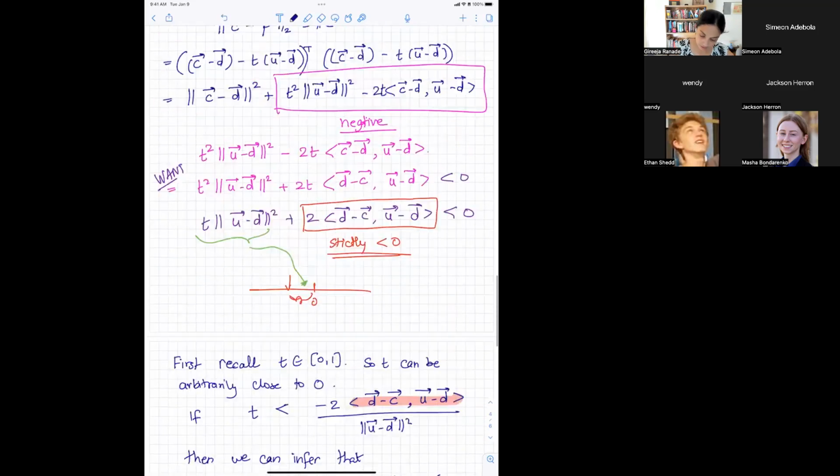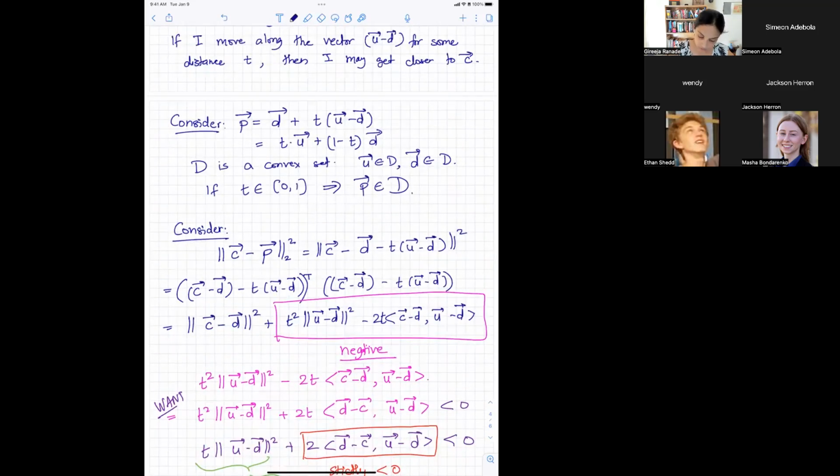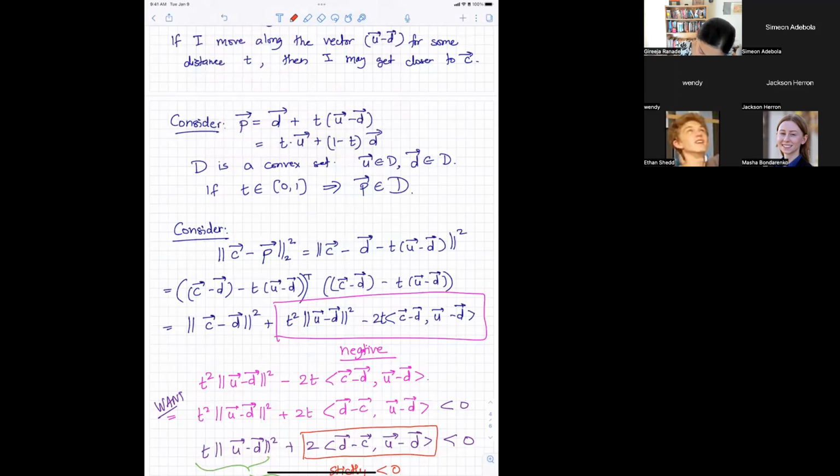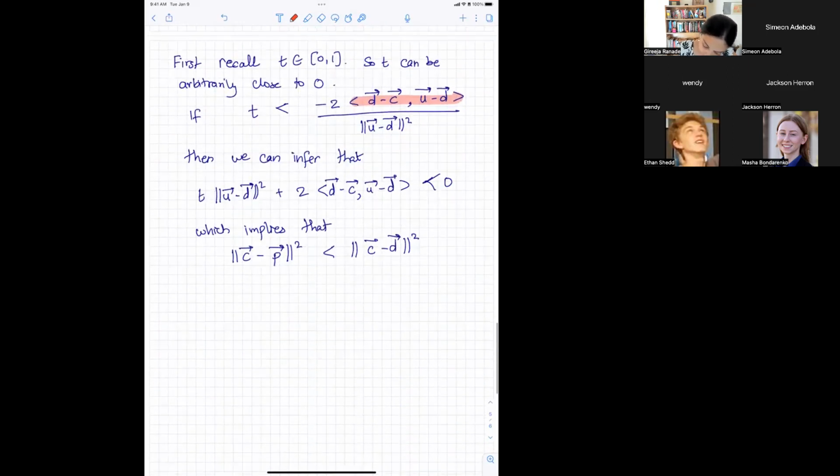And let me say why this is true. Let's label this whole equation as star. This is by star.